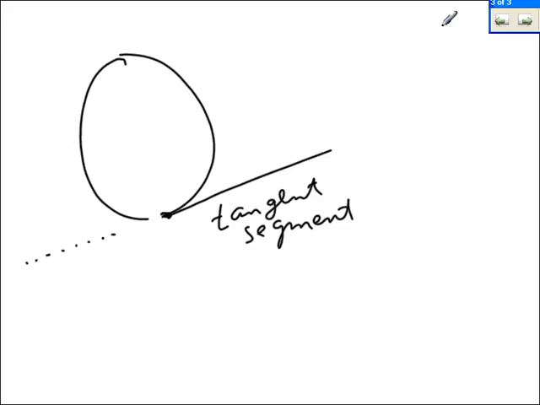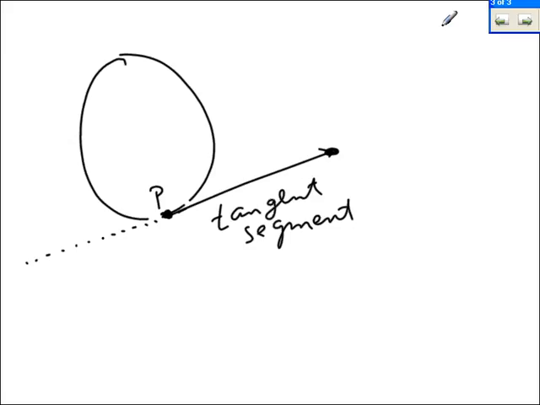I could have called just the dotted part the tangent segment, and erase that. Doesn't matter which half you keep. It goes from the point of tangency out. It can even stop. It can be a line segment. But at the point of tangency, that's where it starts, or if you want to say end, it doesn't matter.